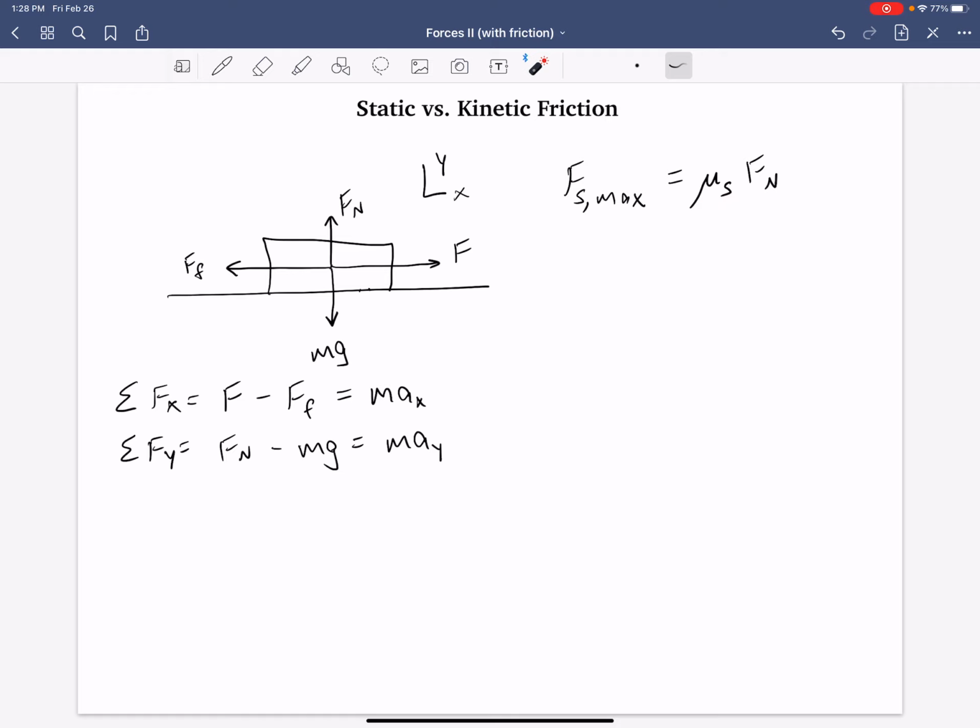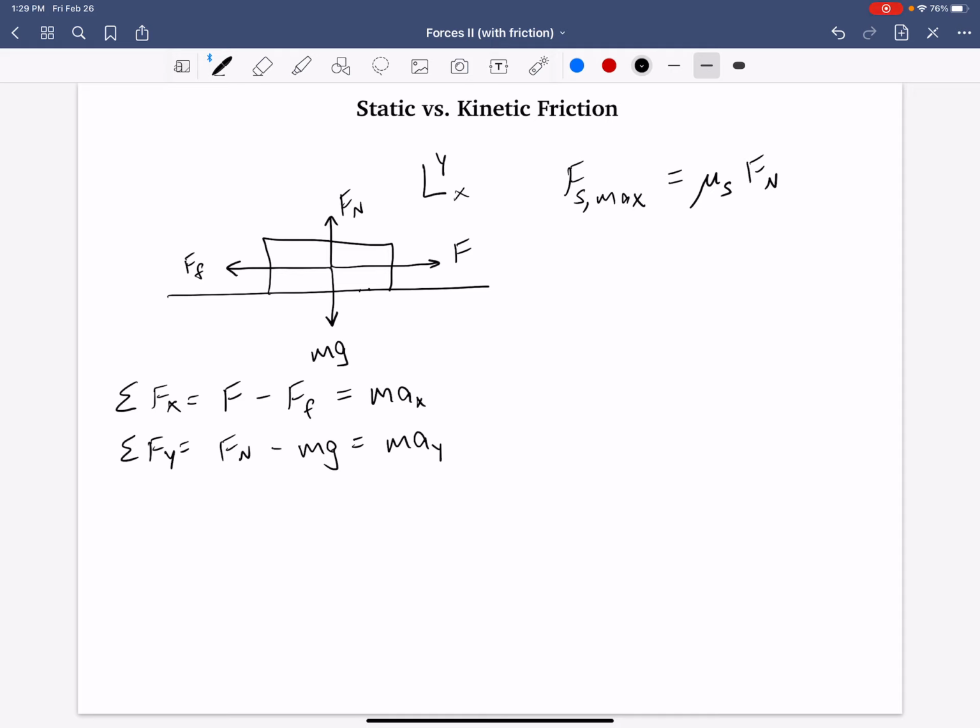What do you think happens if the applied force becomes greater in magnitude than the maximum static frictional force? Well, if that happens, this box will accelerate to the right because there will be a net force to the right. At that point, the box is in motion.